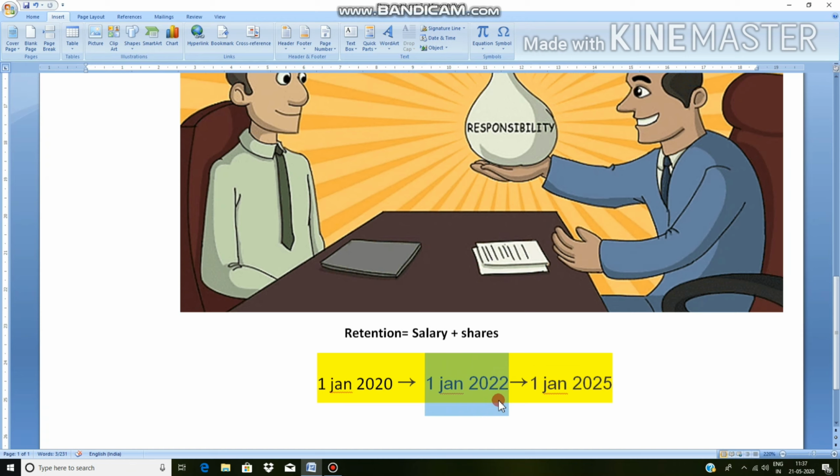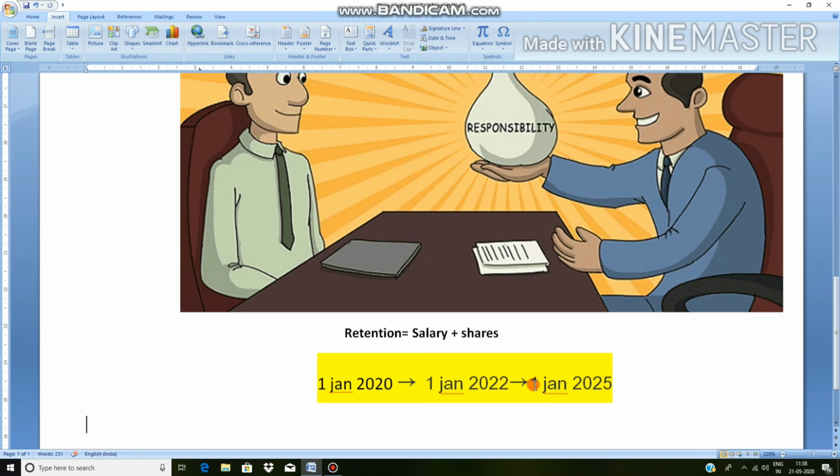The company offers a grant letter and says that if you work here for a further 3 years, that is until 1st January 2025, then you are allowed to purchase the company's 5,000 shares at the rate of rupees 10, 20, 30, it doesn't matter what the market price is, which is usually cheaper than the market price of that time.